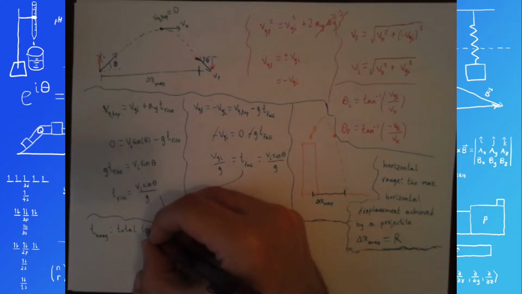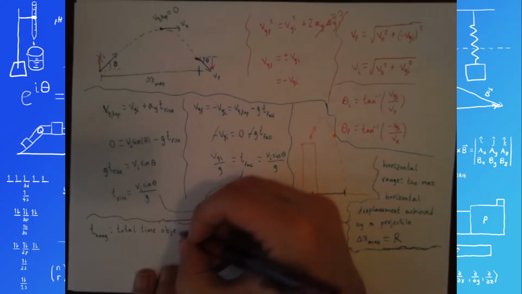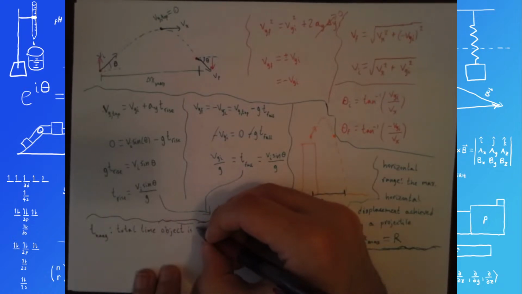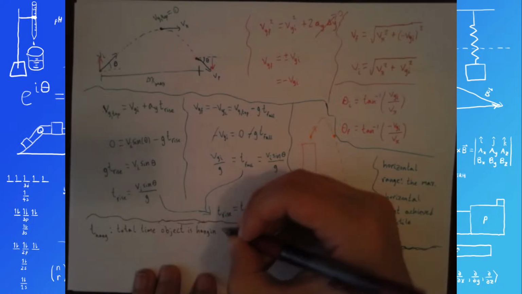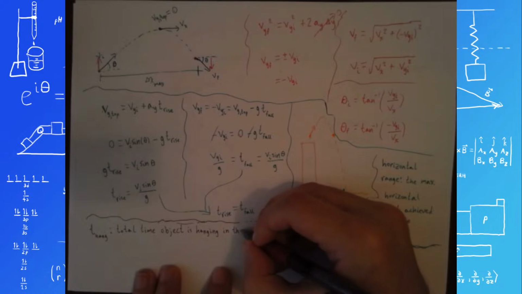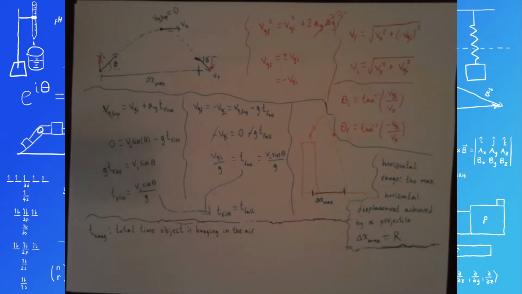Total time the object is hanging in the air. T rise plus T fall, the amount of time it takes to rise to the maximum height plus the amount of time it takes to fall from the maximum height to wherever its landing spot is supposed to be.